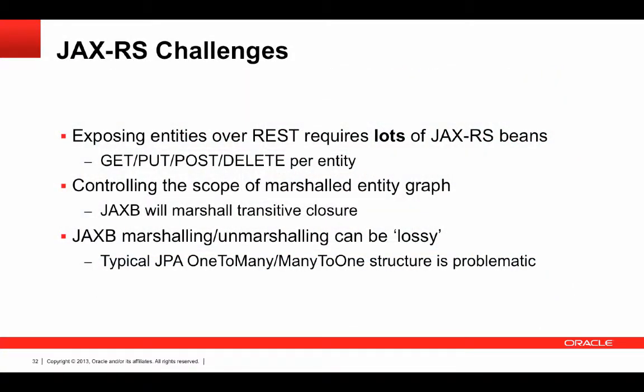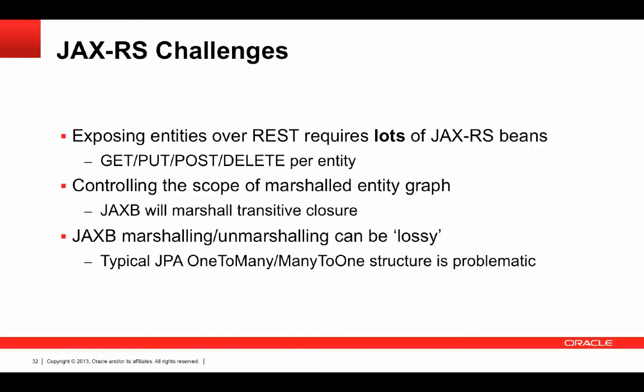Now, this is great, and JAX-RS does a fabulous job of handling all the complexity of all the different REST operations, but there are some challenges. For every entity within your JPA persistence unit that you would like to expose persistence capabilities to the client, I probably need to implement a get, put, post, delete per entity within one of those beans.